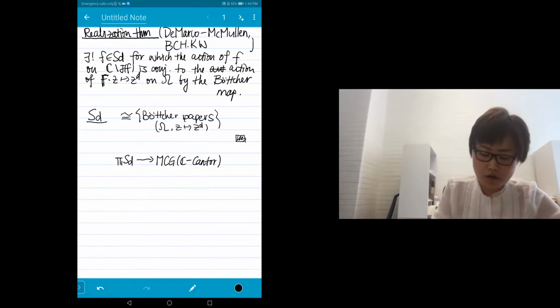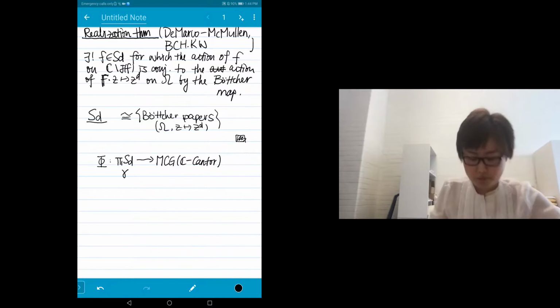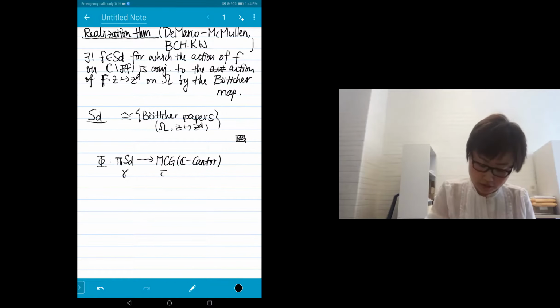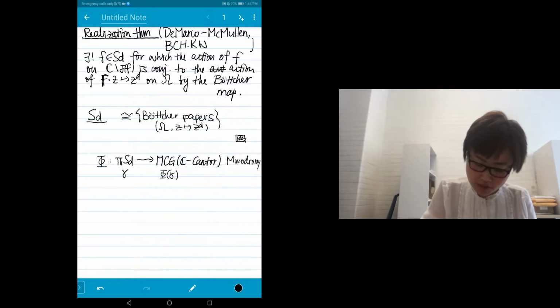And in particular, if I take gamma, the image under this, let me call this big phi, the image under this monodromy map, so this is the monodromy map, is a mapping class.